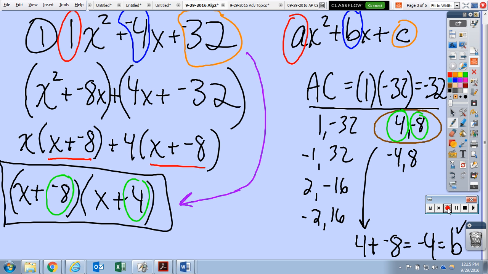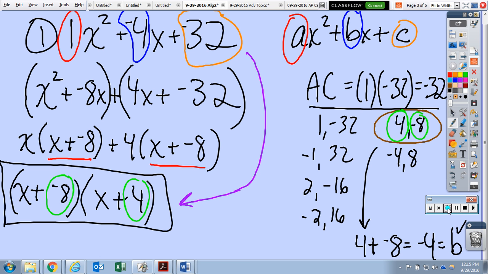Because b is negative, when this is negative, it has to be one positive, one negative, because only a positive times a negative would give you a negative. It's a little trickier when this is positive, and you have to look at what b is and see what the roots need to be. So how does B affect that? The sum of these factors has to be negative 4.